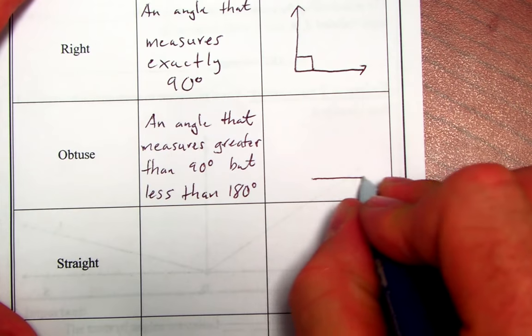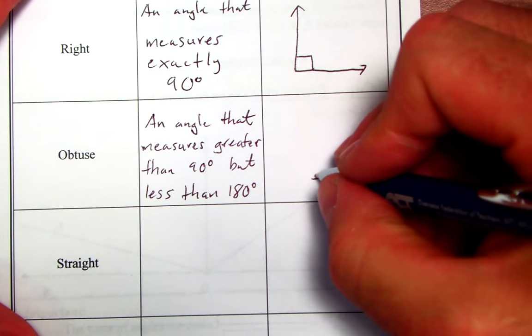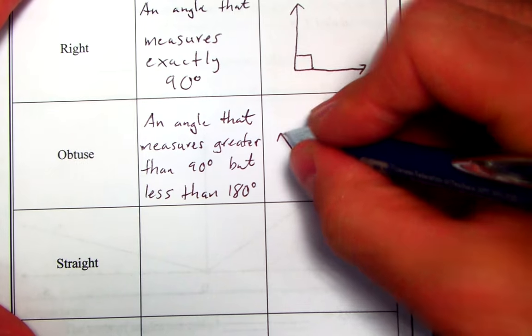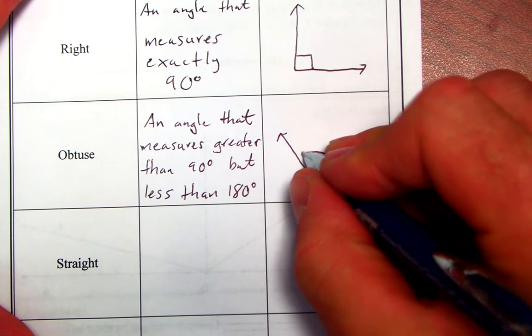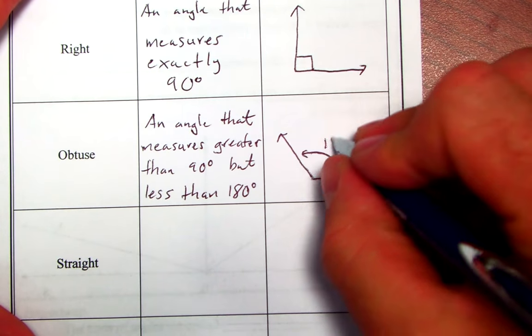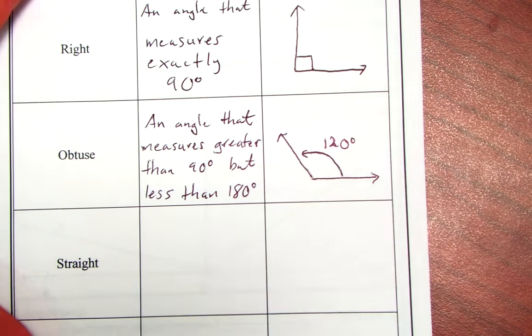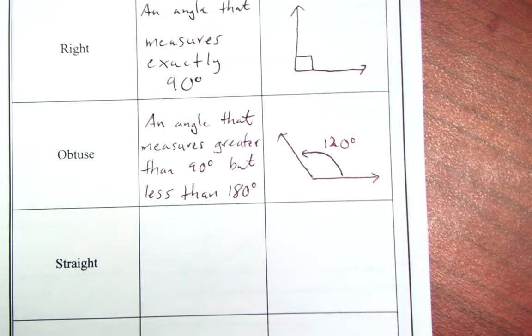So we draw our initial side, we go past 90 degrees, and I'm just going to say that's a 120-degree angle. So it's more than 90, but less than 180.